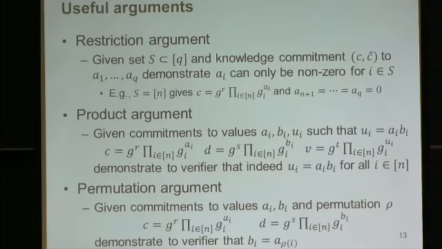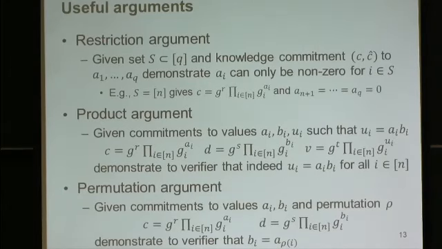So we can give an argument that, in parallel, we have a vector of Ais, a vector of Bis, and a vector of Uis, and the Uis are the entry-wise product of the A vector and the B vector. And finally, we'll need a permutation argument, which says if we have two commitments to respectively Ais and Bis, and we have a publicly known permutation, then we can prove that the Bis are the Ais in permuted order.